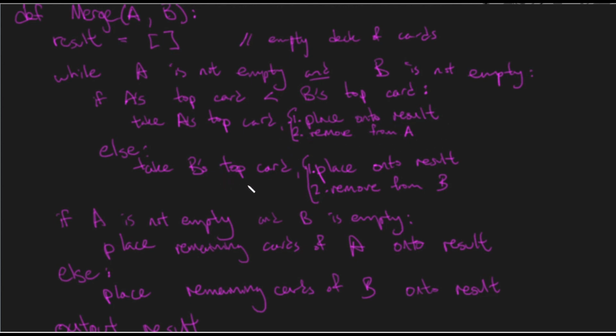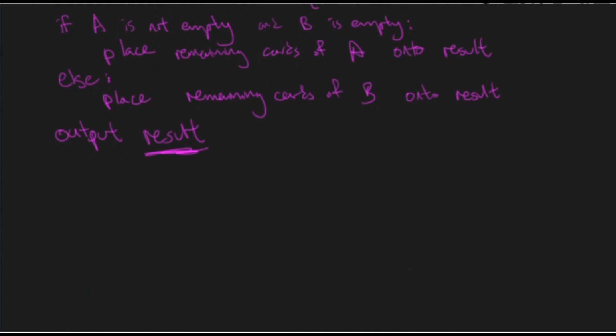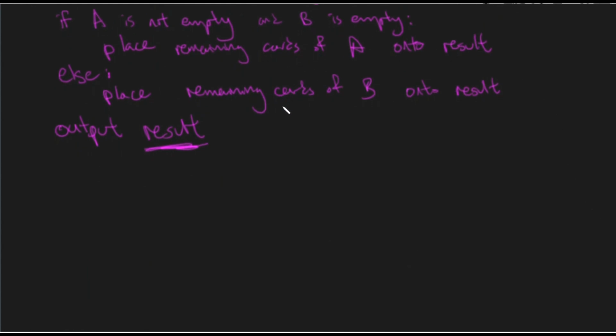Likewise if B's top card is smaller. And we had this case where just one of these decks is not empty, but the other one is empty. Well, in that case, like in our example, we're just going to keep taking the non-empty array and place those remaining cards onto our result. And finally, we have a result.